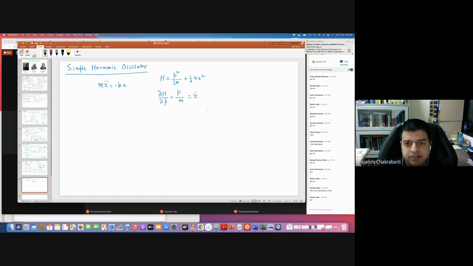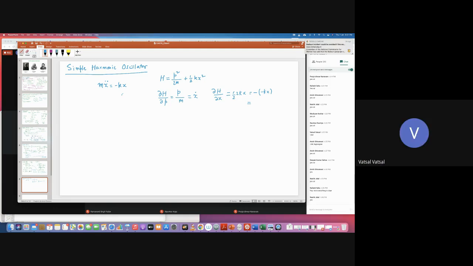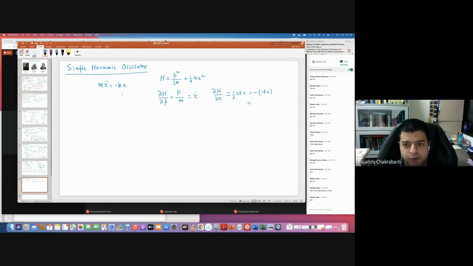So it is matching. Similarly, if I take ∂H/∂x, I get minus kx. What is minus kx? It is the force, m x double dot.